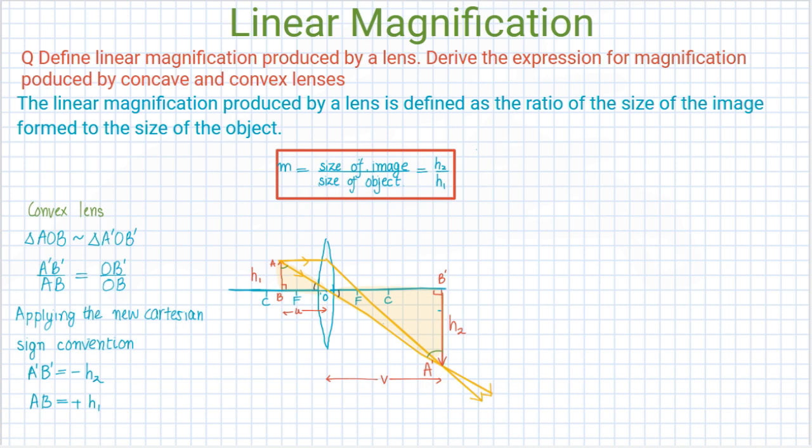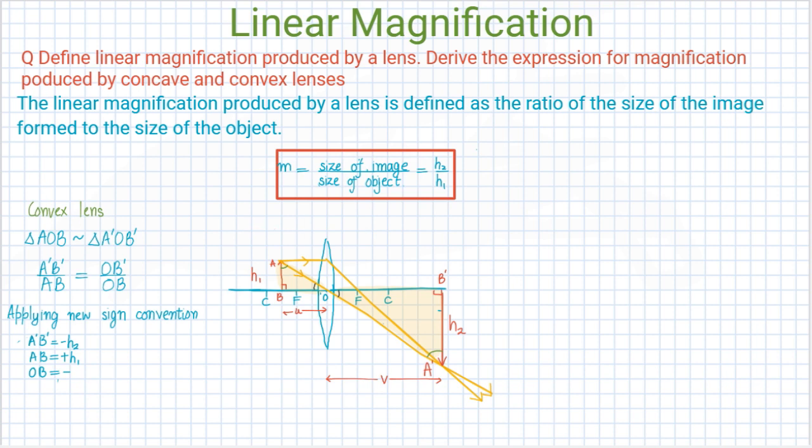Okay, so let me just move this a little bit upwards. So your object distance OB will be positive or negative? It will be negative since it is measured in the opposite direction.